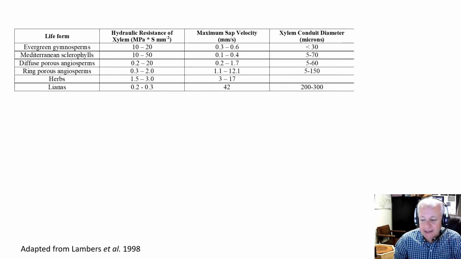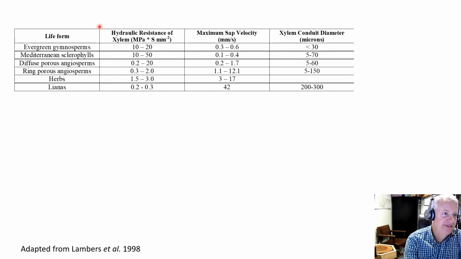We can look at species variation in hydraulic traits. This table shows for a number of different life forms their typical variation in hydraulic resistance. So again, we're talking about resistance in this particular table, just the inverse of hydraulic conductance. A smaller number for hydraulic resistance just means a greater ability to transport water.